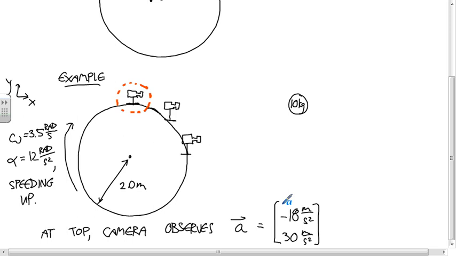And we want to know what's the net force on the 10 kilogram object.